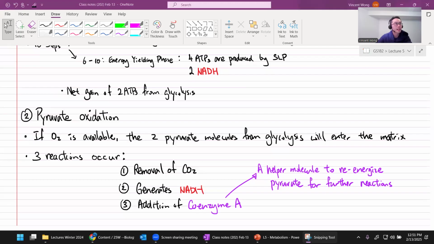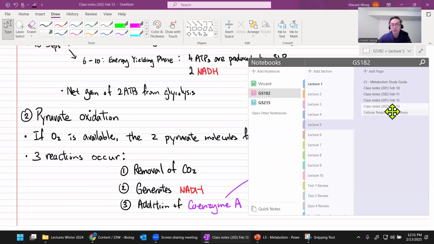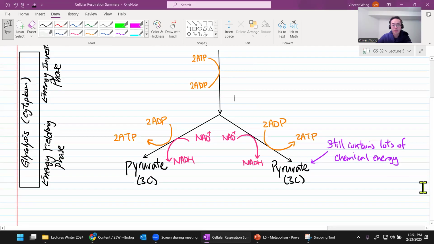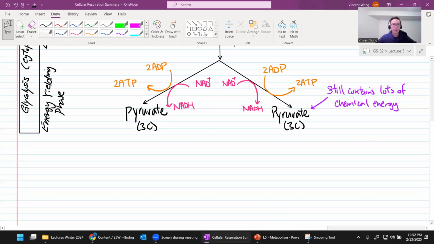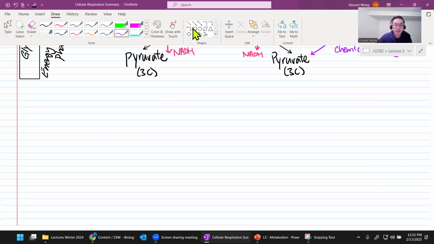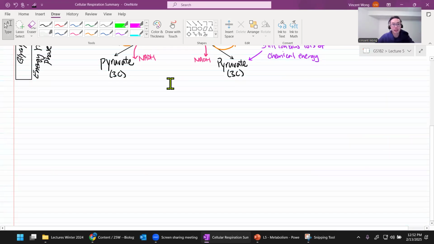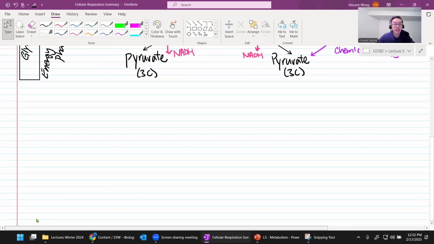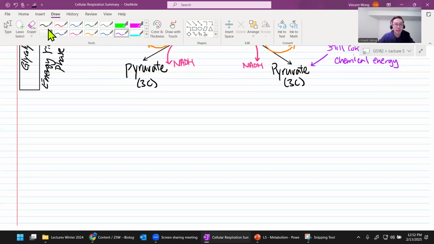Okay, so that's that. Let's put it onto our summary over here. So if oxygen is available, then they're gonna move to the matrix, and we're gonna be doing the next step here, right? The next stage in cellular respiration. And as I told you, it is called pyruvate oxidation.